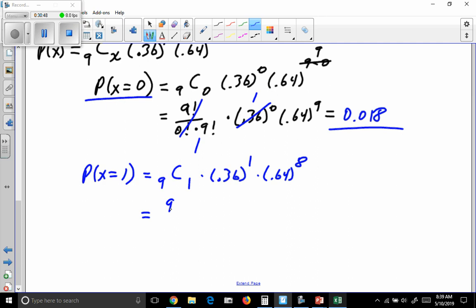So 9 factorial over 1 factorial times their difference, factorial, times 0.36 to the first, times 0.64 to the 8. Why 8? Because that's n minus x.